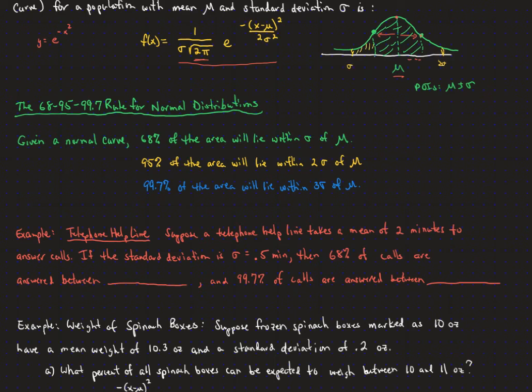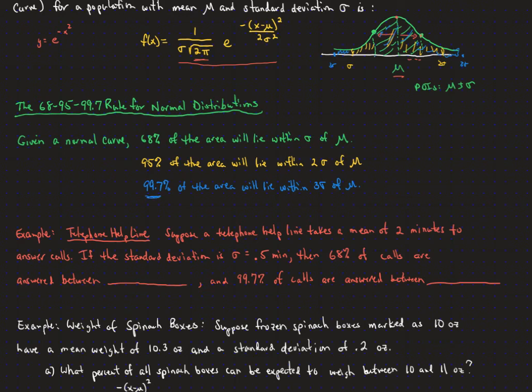So 95% of that area will lie within 2 standard deviations of the mean. And if you go out to 3 standard deviations from the mean, then the area under the curve within 3 standard deviations, or the probability that whatever happens is within 3 standard deviations, is 99.7%.